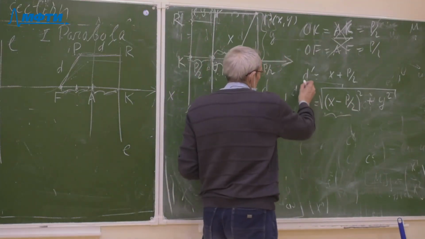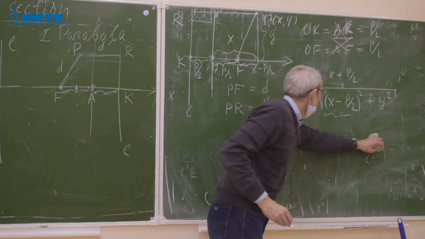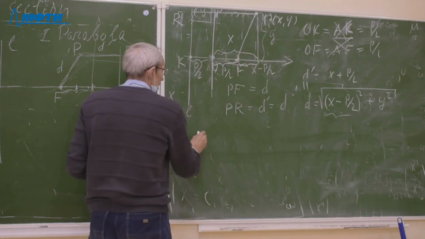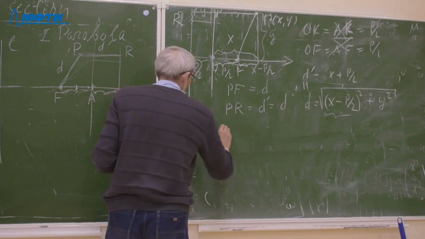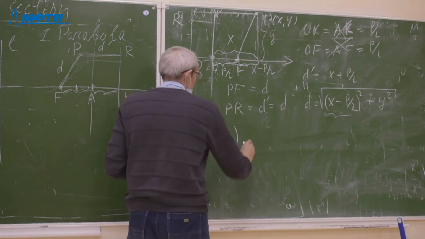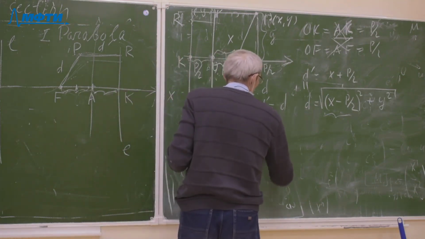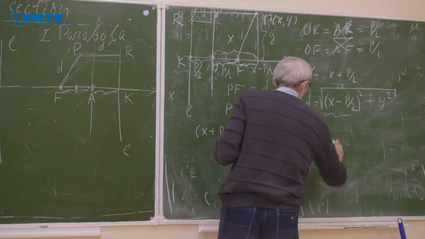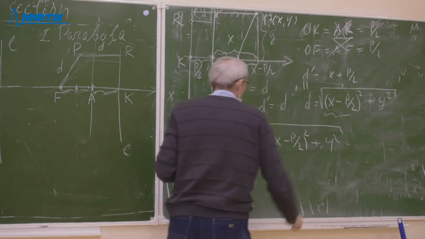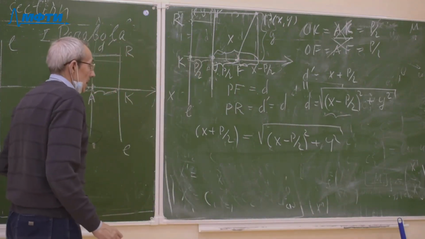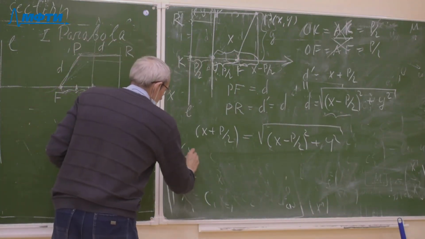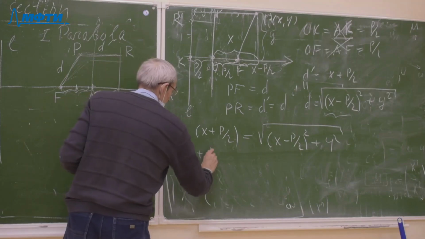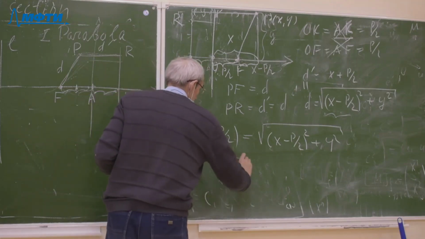And this distance is equal to x plus p divided by 2. We can consider the squares of the left hand and the right hand.